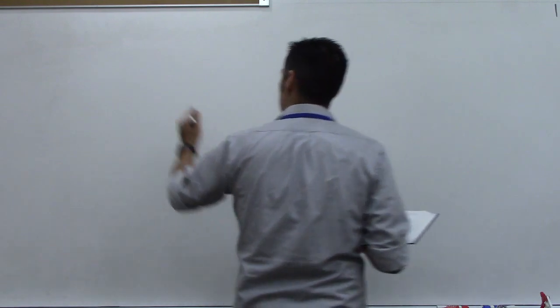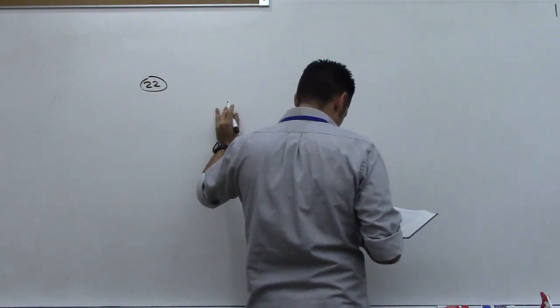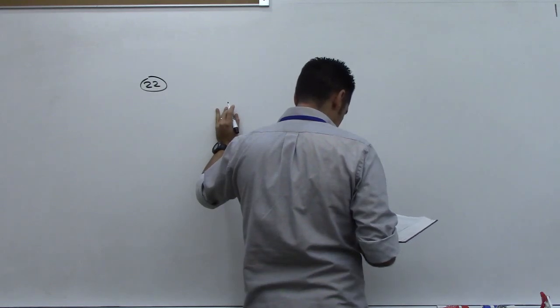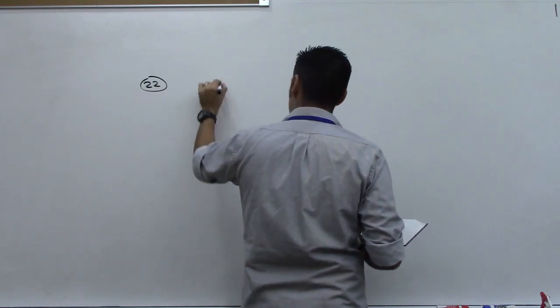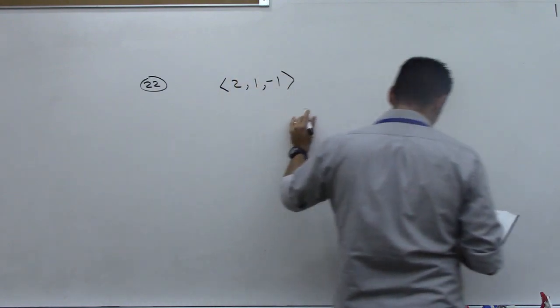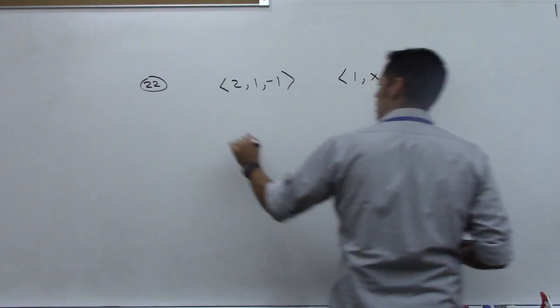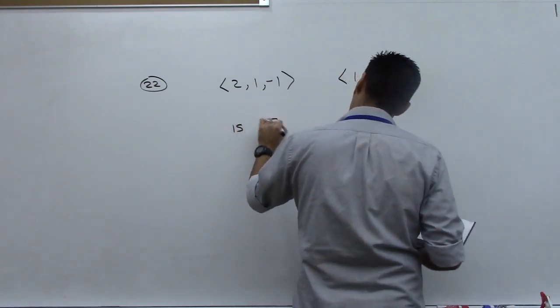All right, so let's look at 22. 22 is a little more involved. So it says find the values of x such that the angle between these vectors, 2, 1, negative 1, and the vector 1, x, 0 is 45 degrees.